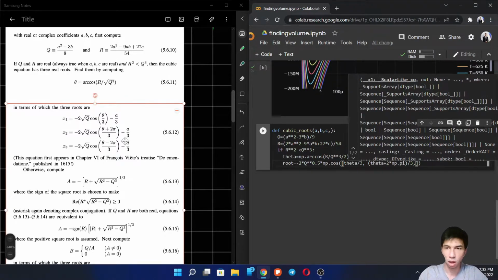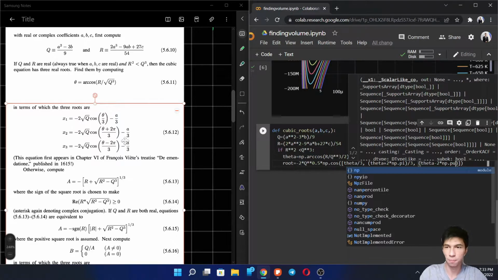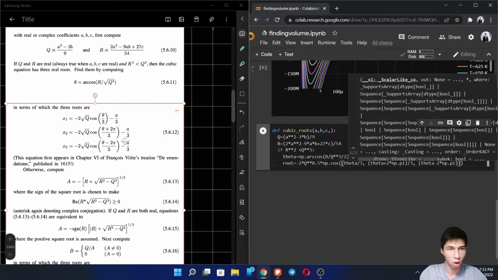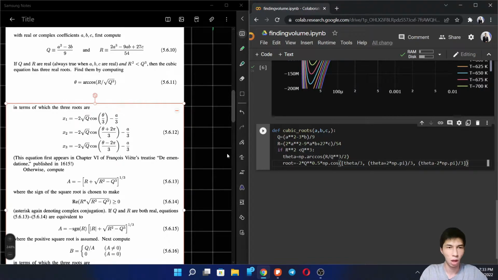And for our third root, we're going to have theta minus 2 multiplied by pi, over 3. So we have our array and minus a over 3 at the end.